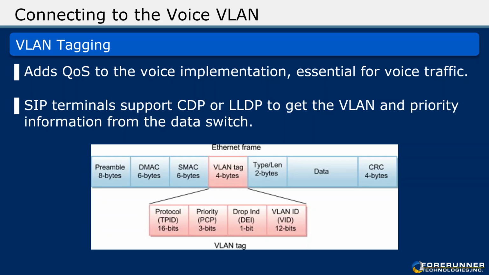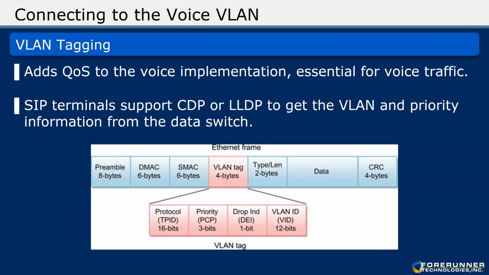In order for the terminals to read the VLAN information, VLAN tagging is a very good way, because we just specify in the switch a data VLAN and a voice VLAN, and we let the terminal read that information using CDP or LLDP. So we don't need to worry about additional information to be added to any configuration.